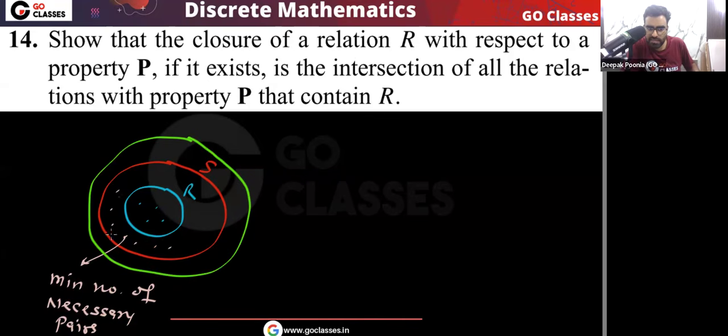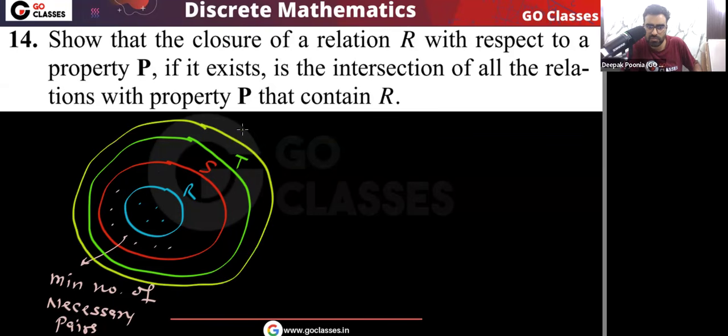So this will be T. Similarly, maybe I can make another, for example, M. The whole point is that if you take the intersection of S, T, M, then that will be S.